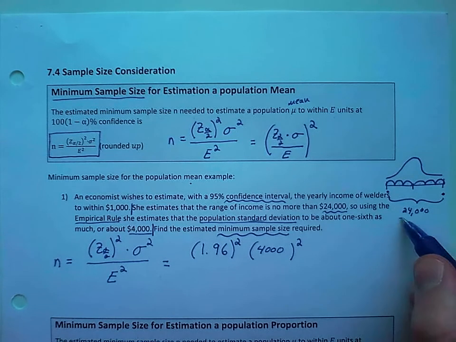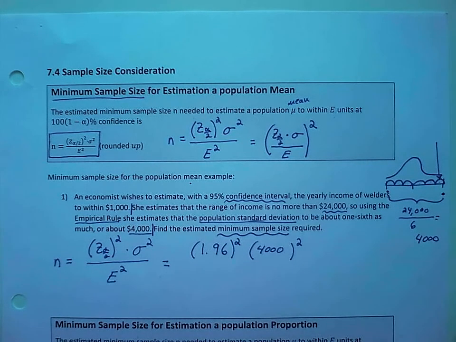If you divide 24,000 by 6, this is equal to $4,000. So we can say each one of these standard deviations is equal to $4,000.